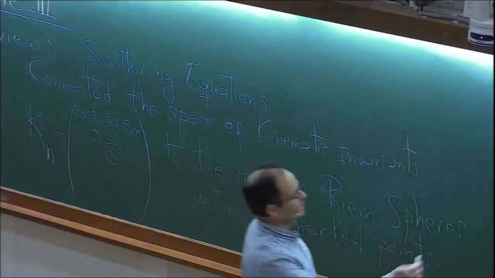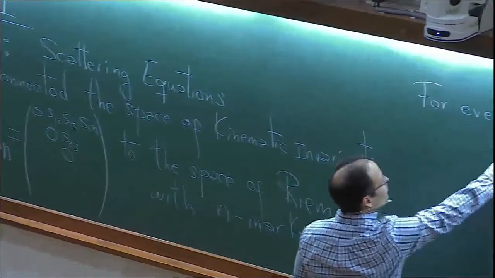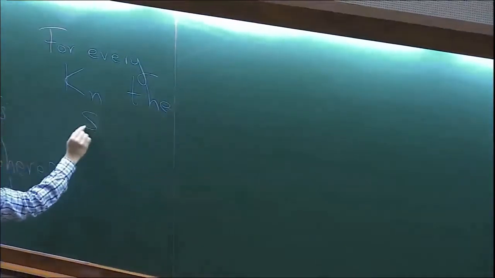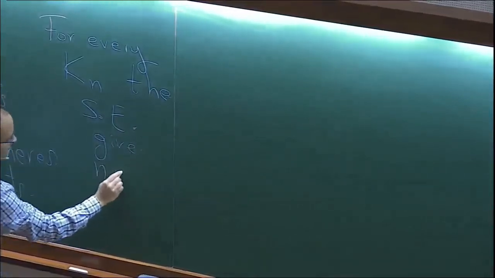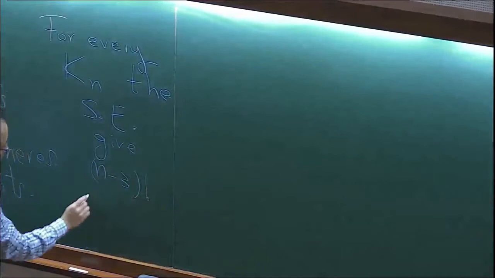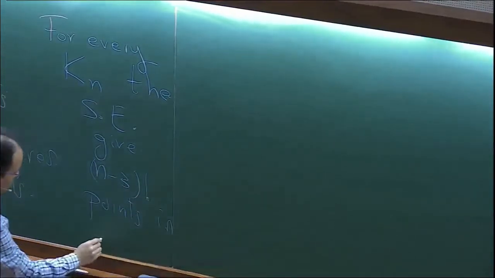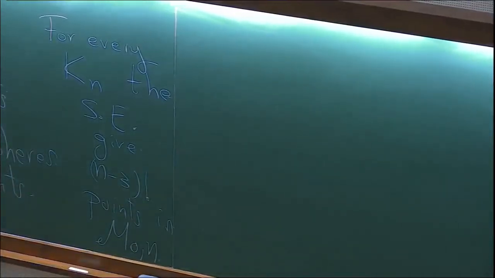Now, for every K, the scattering equations give (n-3)! points in M0n, which is the name mathematicians give to this space.